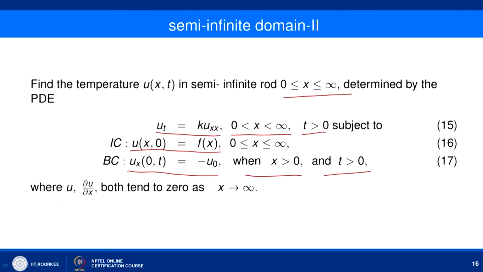And here again we have the same physical condition that u and u_x both tend to 0 as x tends to infinity. Now, if you look at the boundary condition, it is given in terms of u_x, so we apply the Fourier cosine transform to handle this problem.